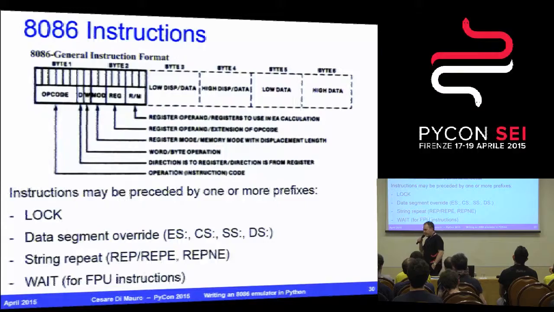And there are some instructions which can repeat operations, like storing data on a block of memory, or moving memory, and so on, which are called repeat instructions, and they use a special repeat prefix. And in the end, there's also a wait prefix for FPU instructions, which are not implemented.